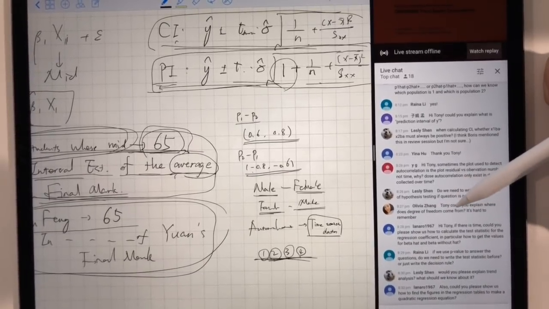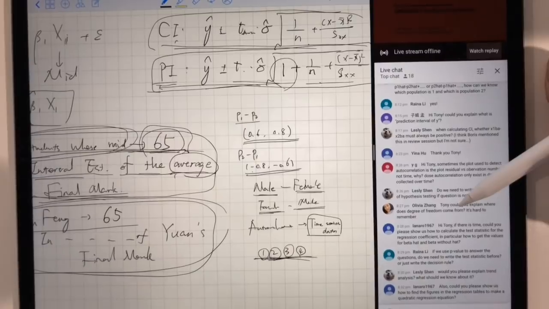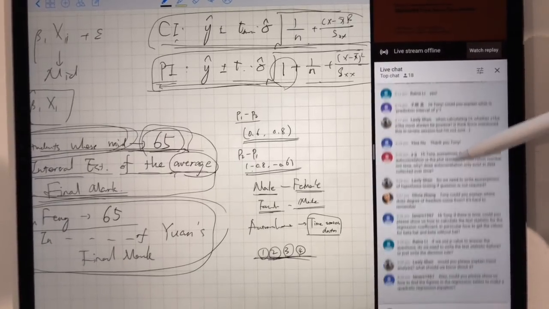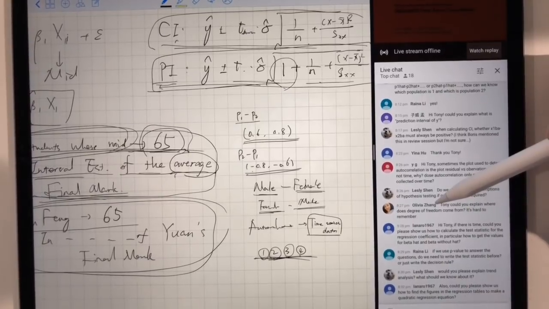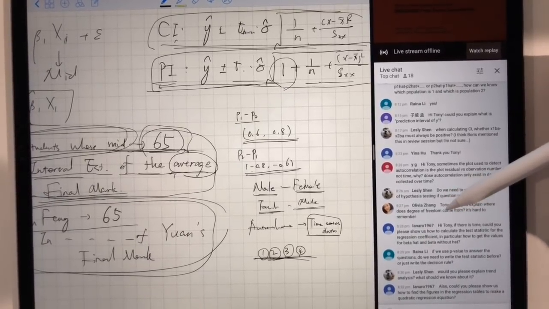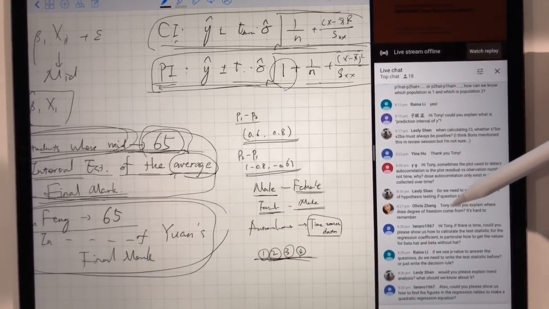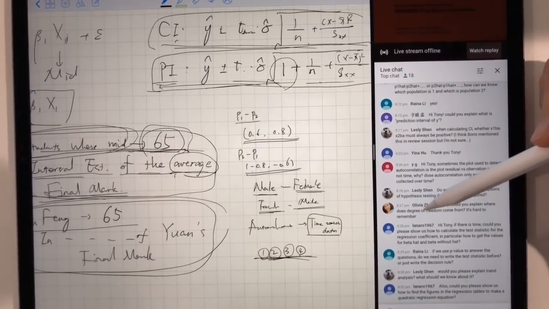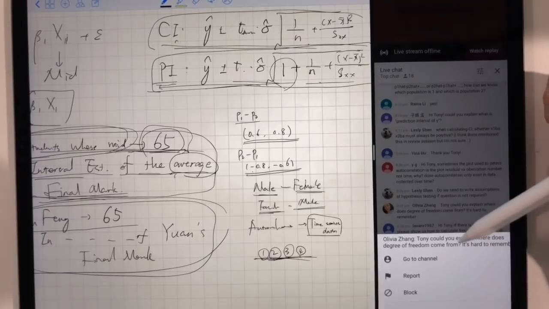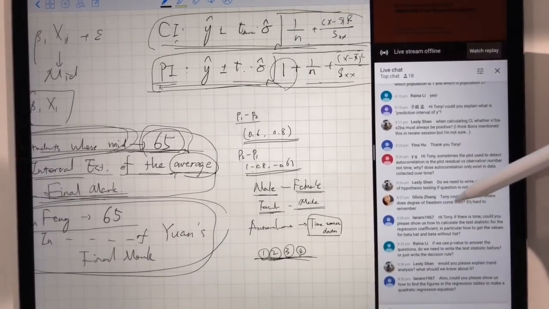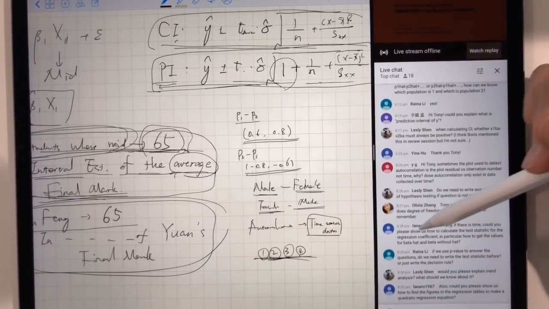If you apply more, you will remember them, so don't worry. But you can follow up with a question like, how do I distinguish the ANOVA's degree of freedom and linear regression's degree of freedom, right? So Oliva Zhang, if you want to ask that question, I probably can answer. So you can ask. But I will only answer if you ask.